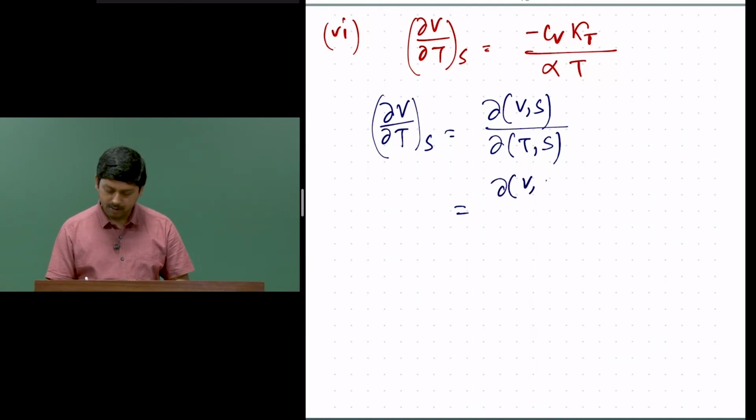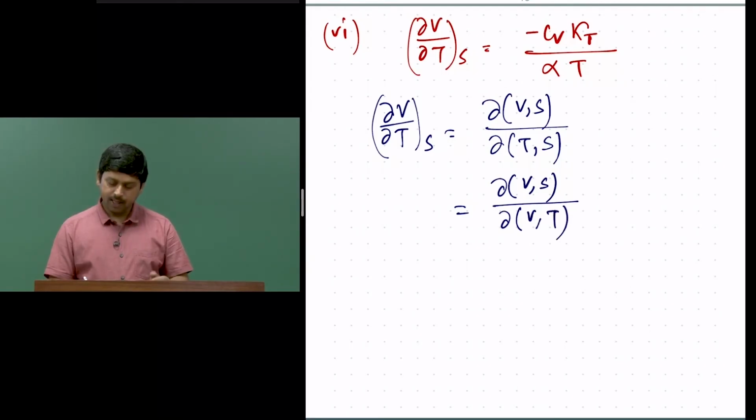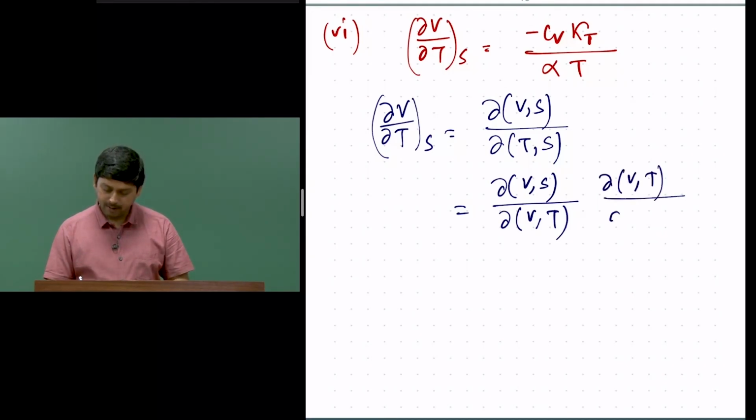So, V S and T is definitely required, V is also definitely required. So, we will use a V T term here. Okay. Then we get straight away the C V right away, and then we get V T and T S. We will see how helpful that is.